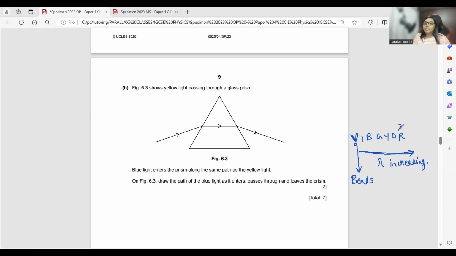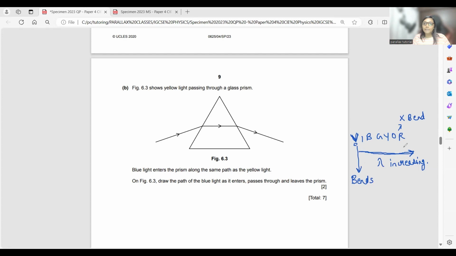Red light does not bend that much, okay? Does not bend that much. In fact, that's the reason why traffic signals, or danger signs, are made up of red light, because it will not get scattered. So it will have least bending effect. So you will be able to see the red light from a distance, right? That's the reason why red light is used for danger symbols as well as traffic lights, etc.